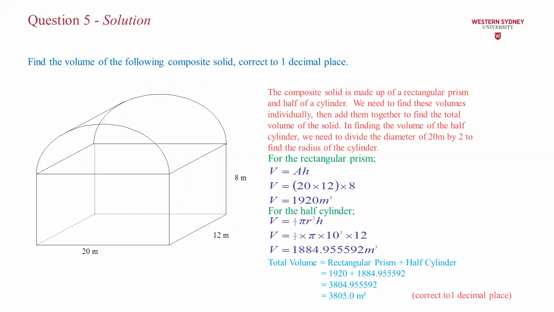To find the area of the base, you need to find the area of the rectangle and the semicircle. Once you've done that and found the total for that, then you multiply by the perpendicular height, which is 12. Adding those two together gives the answer.